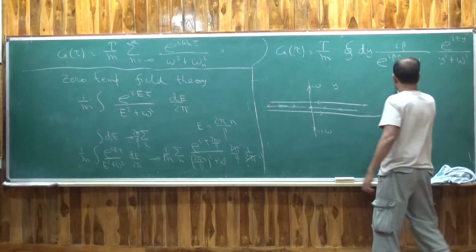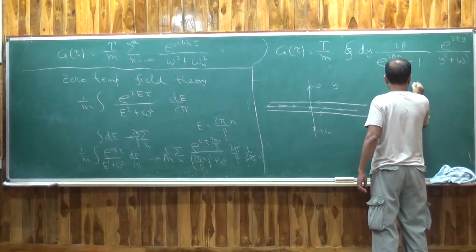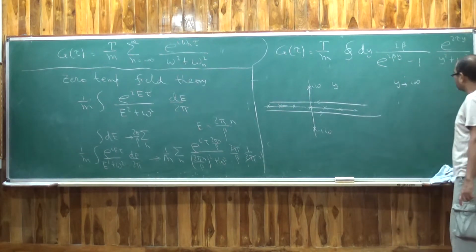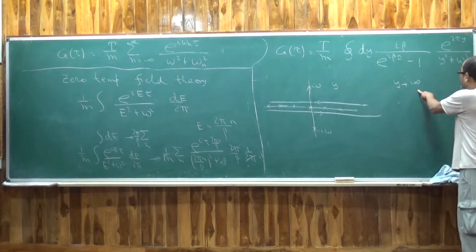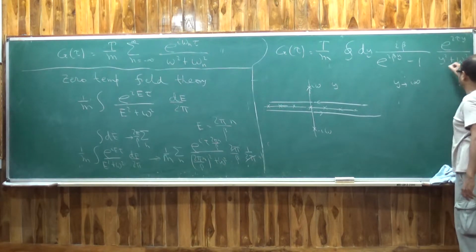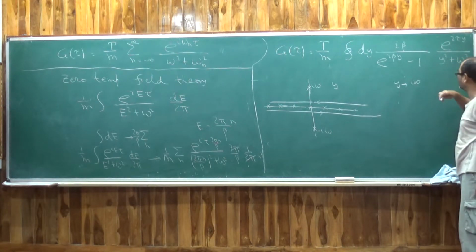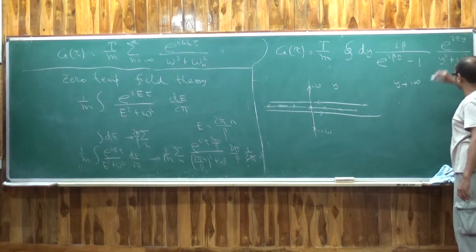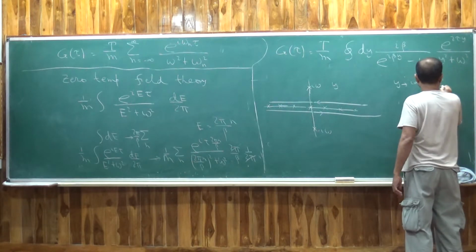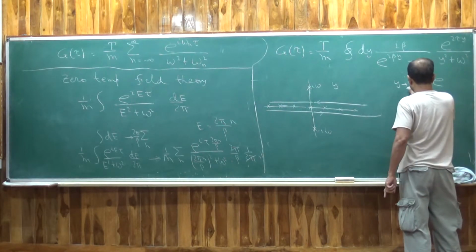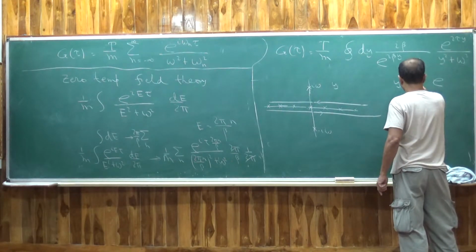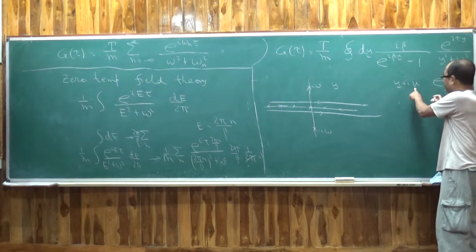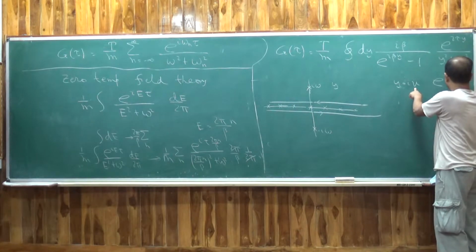So let's check what happens when y goes to i infinity. This part of course goes to 0. It's not worrisome. This one goes as, suppose y equal to i u, and u is going to infinity, then this becomes e to the power minus tau u.